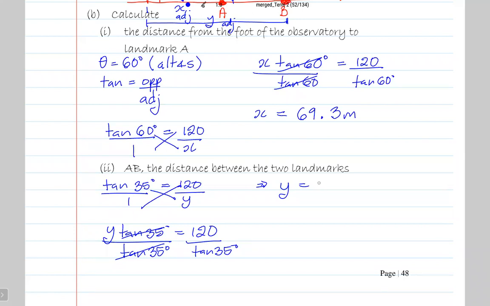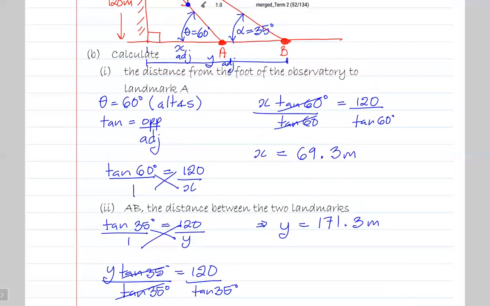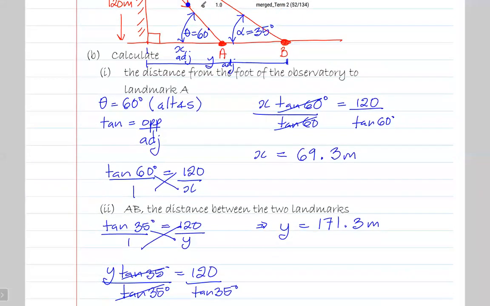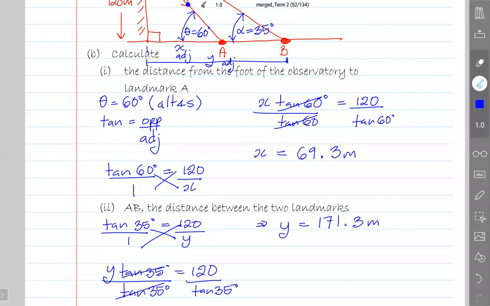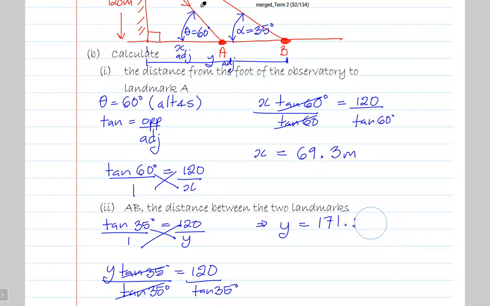So Y is equal to 171.3 meters. All right, so correction, it's 171.4. All right, so 171.4 meters.